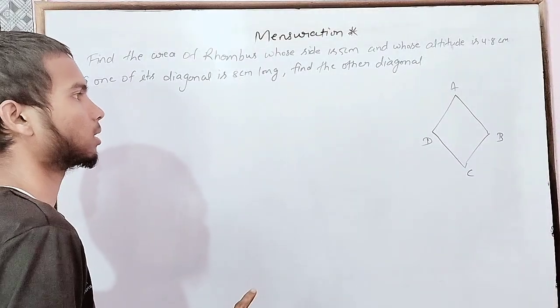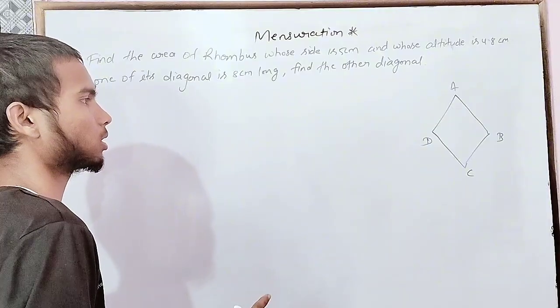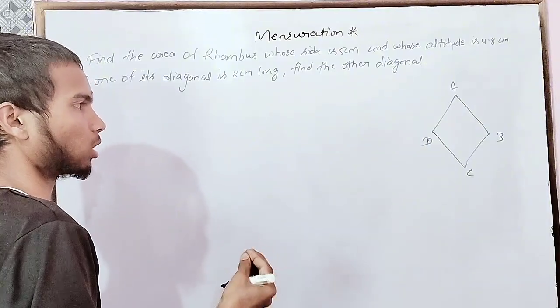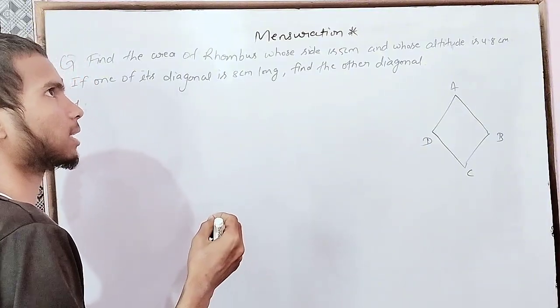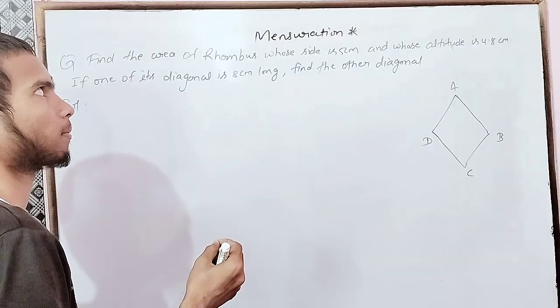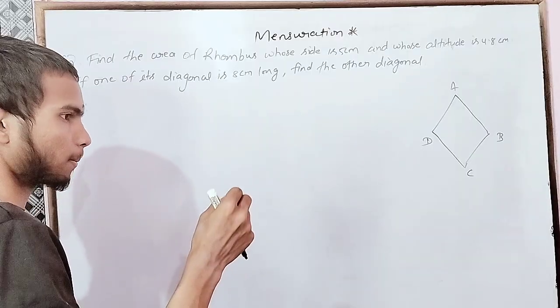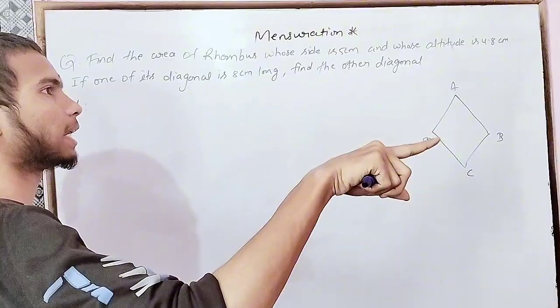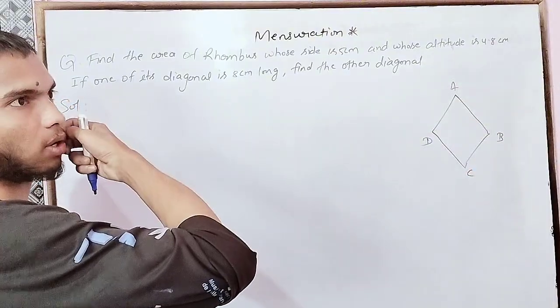What's the difference between a square and a rhombus? In a square, each angle at the corner is 90 degrees.